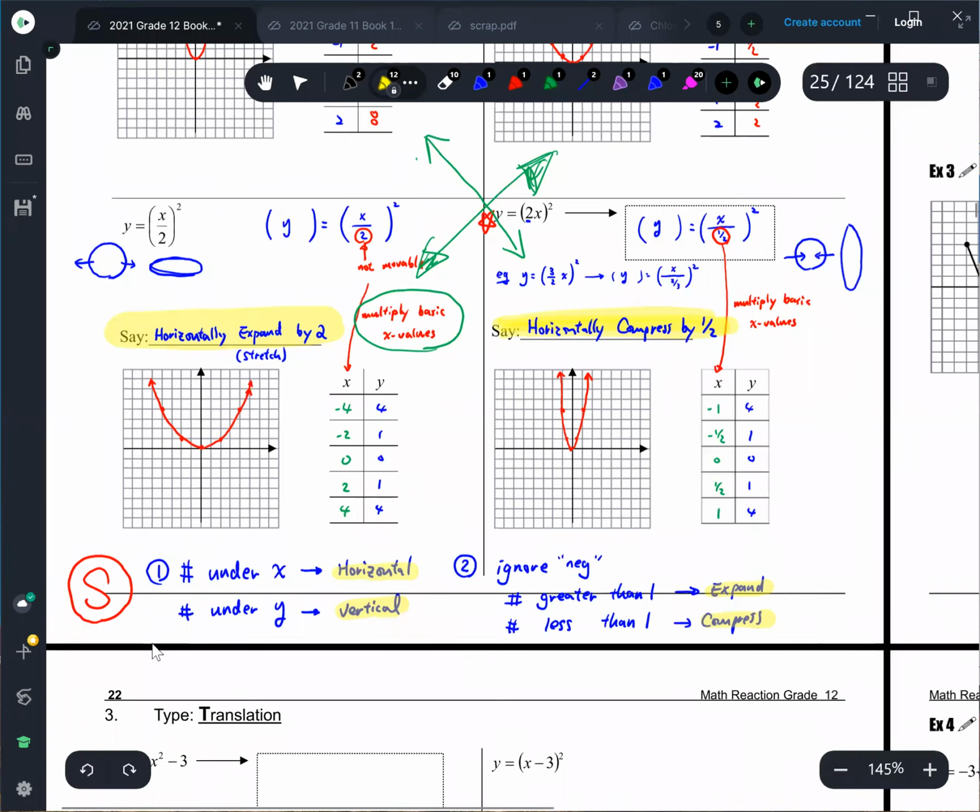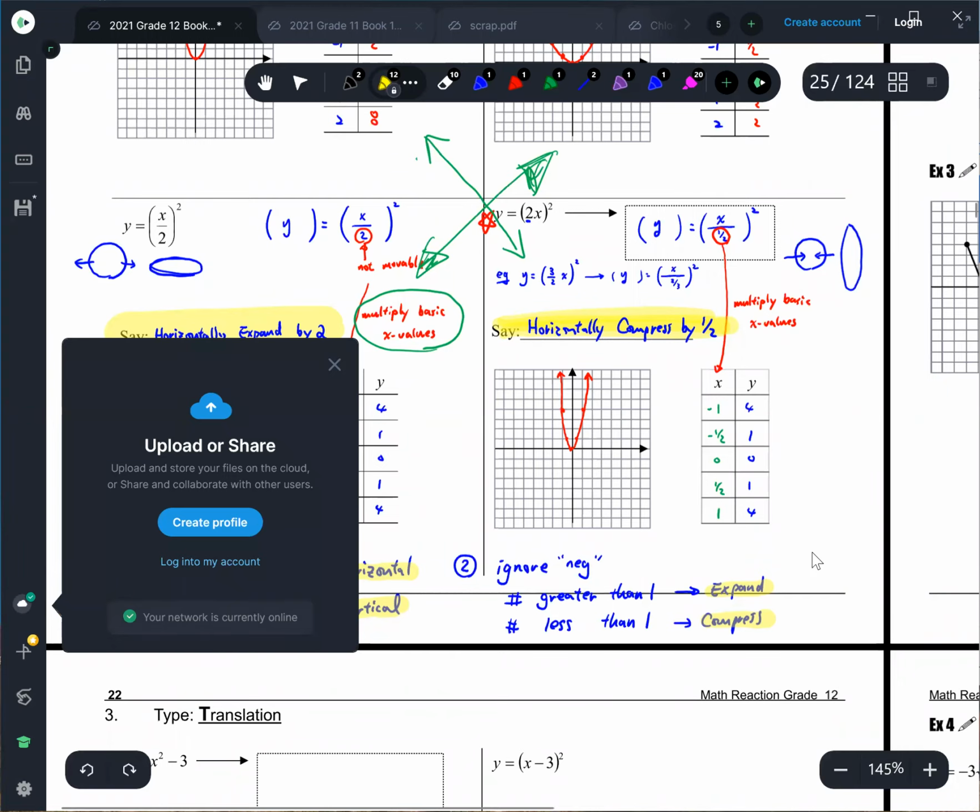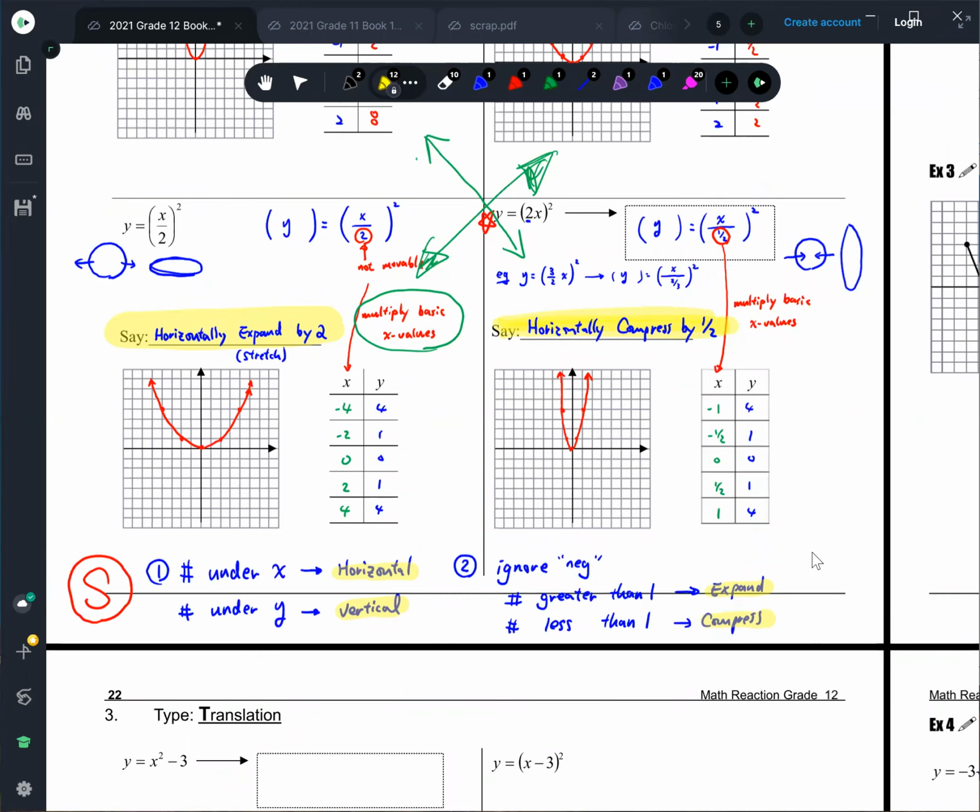Okay, please raise your hand when you finish writing these ones. And then once you have these sentences down, I would like you guys to grab a piece of scrap paper.